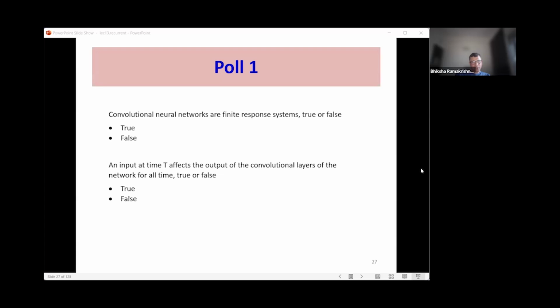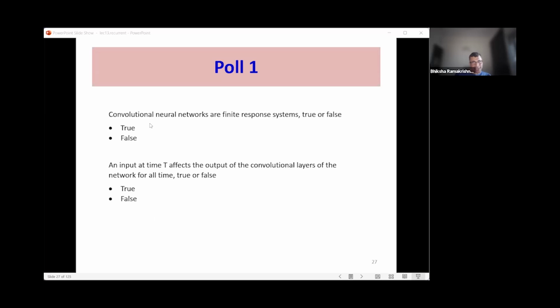So here are what we got. Now, can you tell me what the answer to the first question is, true or false? True, right? What about the answer to the second question? False.